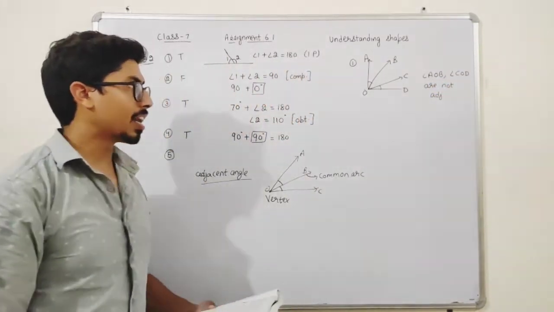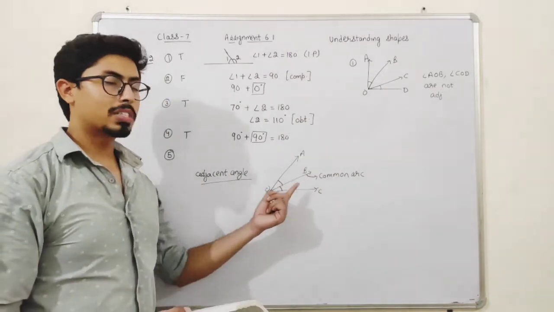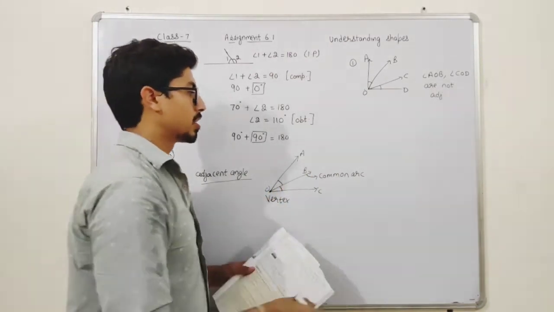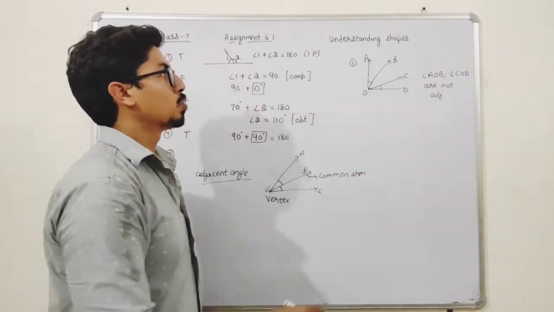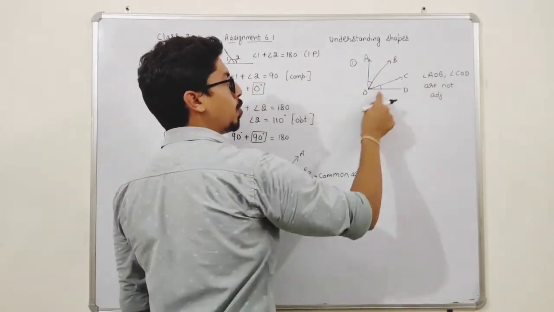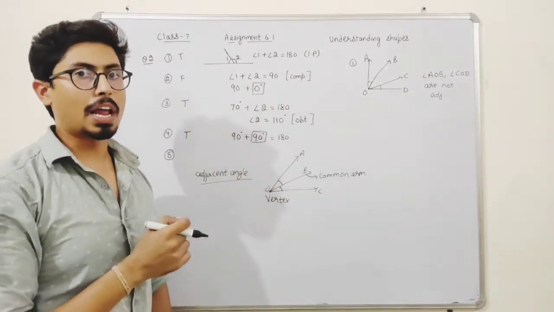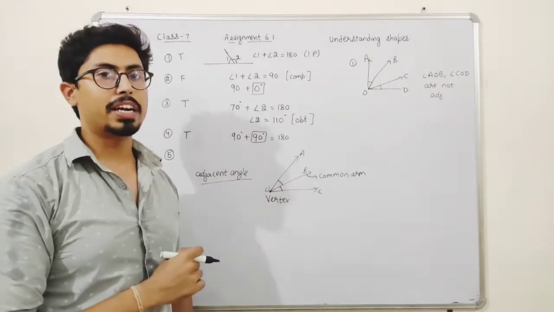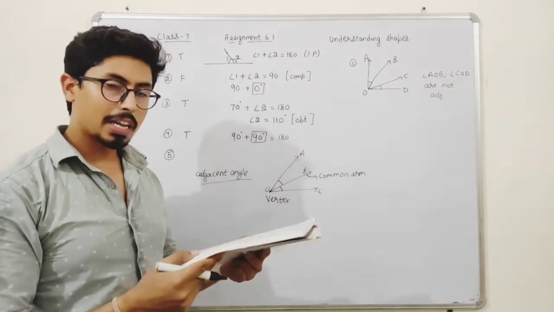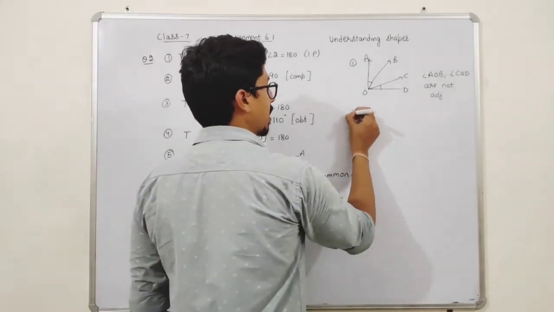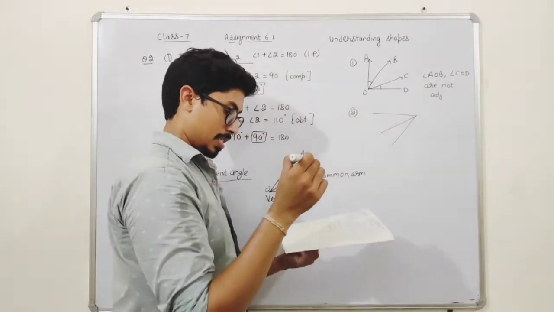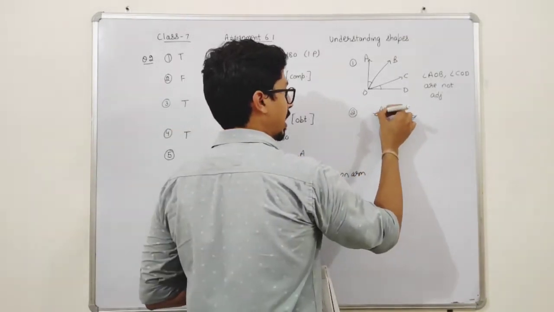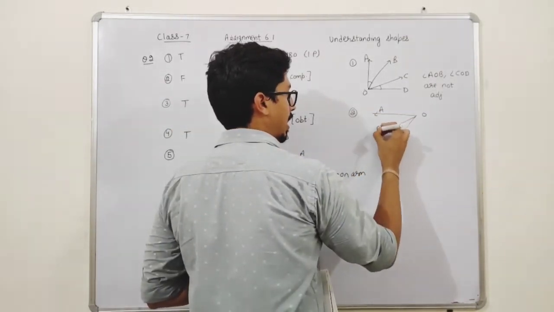Because adjacent angles are those angles which have the same arm, students. Now students, AOB and COD do not have any common arm, so I can't say that they are adjacent. Now similarly, in the next part, it is given AOB and BOC.